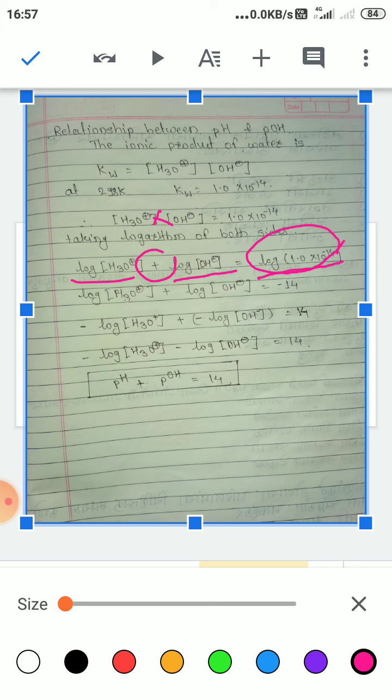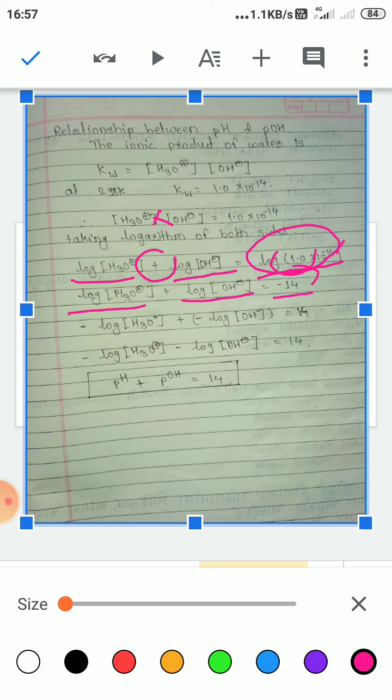Simply, if there is no other number, then the log of 10 to a power becomes that power. Therefore log of hydronium ion plus log of OH- ion is equal to minus 14.